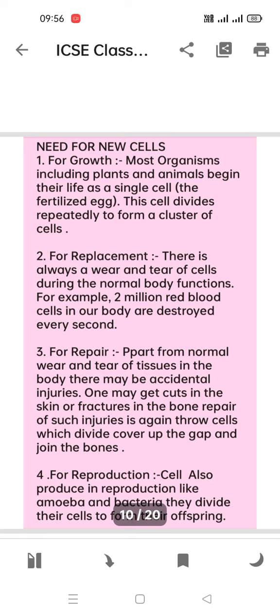You cannot feel, you cannot even see that you're taller than yesterday. It is not like that. But it is true that you will be a little bit taller than yesterday. Why is it so? Because your cells are growing day by day. It is enhancing in number day by day.